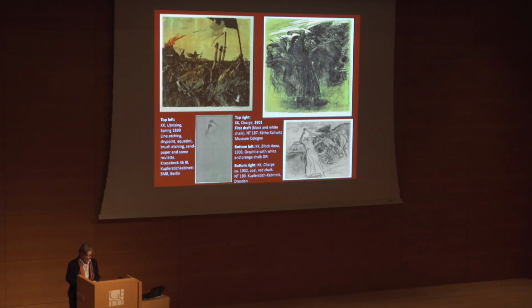He had already purchased some early graphics by her in 1898 and published the first catalogue raisonné of her prints in 1903. Lehrs' disapproval seems to have spurred on the artist's ambition. For in 1901, she put this energetic composition, which you see on the right, on paper.